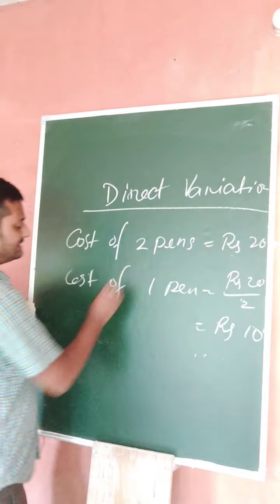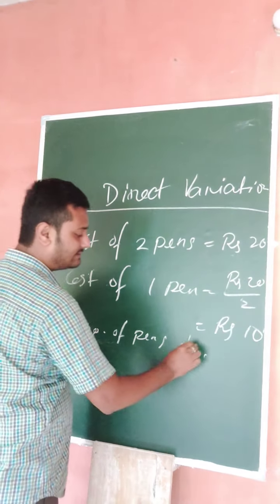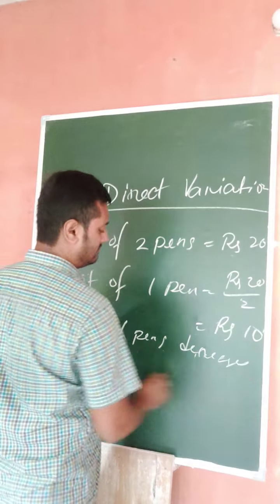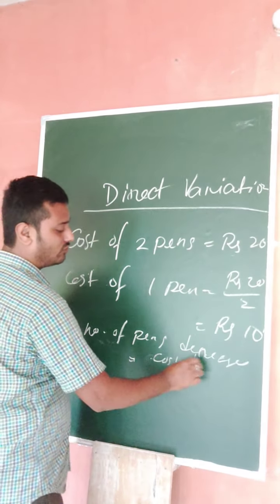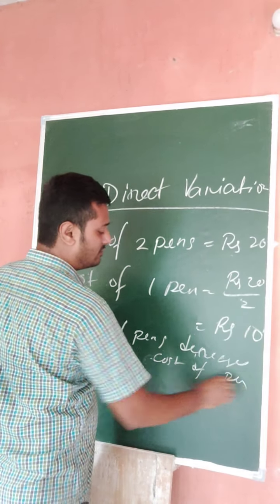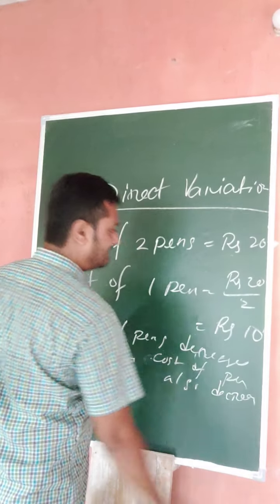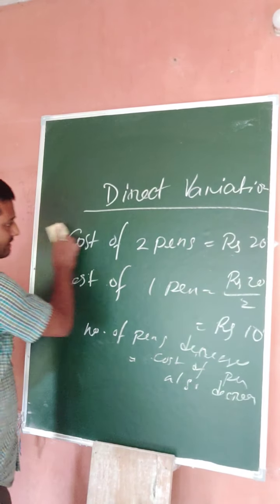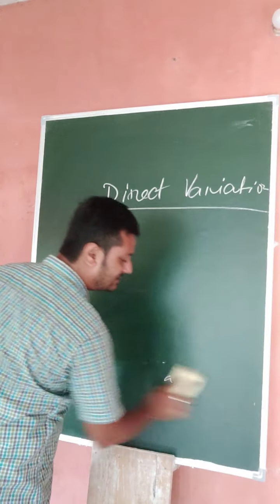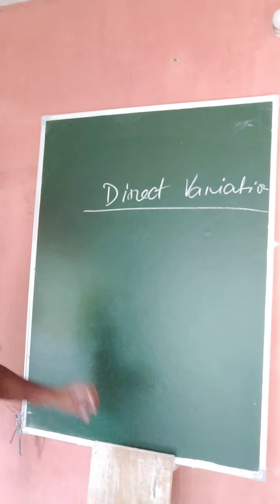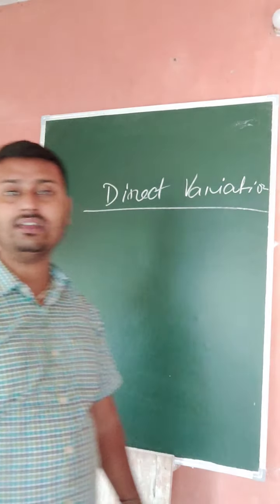So in this case the number of pens decreases, which implies the cost of pens also decreases. So in this example we have seen that when the number of pens increases, the cost of pens also increases, and when the number of pens decreases, the cost of pens also decreases.